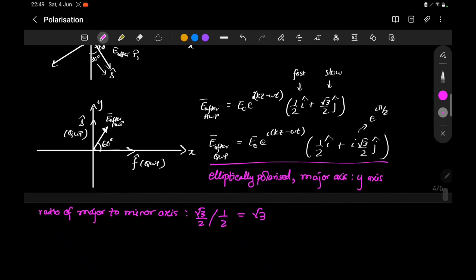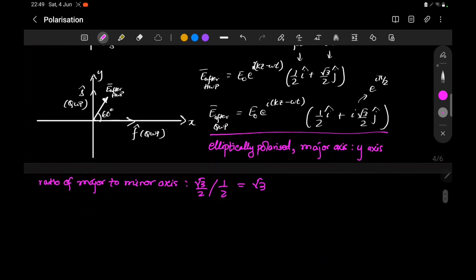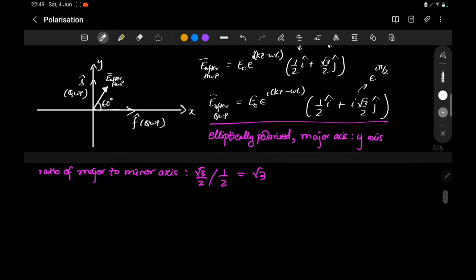And then we need to check the handedness of the ellipse, whether it is right-handed or left-handed, or clockwise or anti-clockwise. To figure that out, we saw this in one of the previous videos when solving questions from Quantum Optics by Mark Fox. We will just briefly recap it over here.